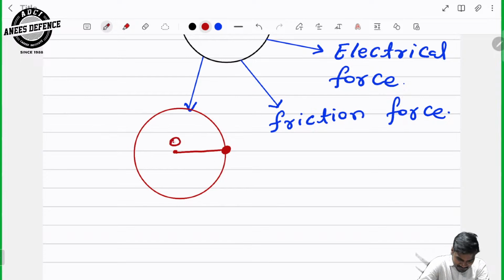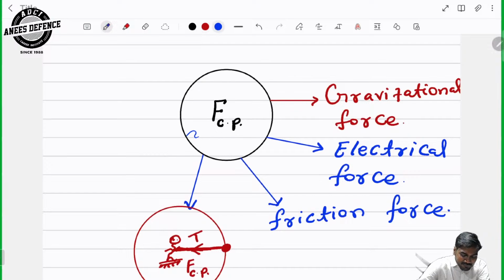Some person is standing here, and that person has tied a stone and is making a circle. So towards the center, centripetal force will act, and that centripetal force is nothing but tension. Understood? Yes, sir. Tension is nothing but centripetal force.